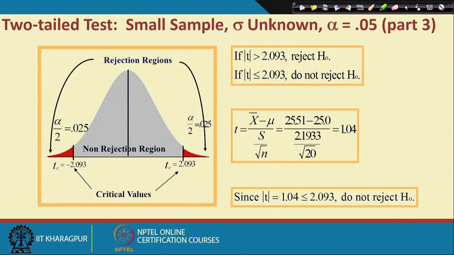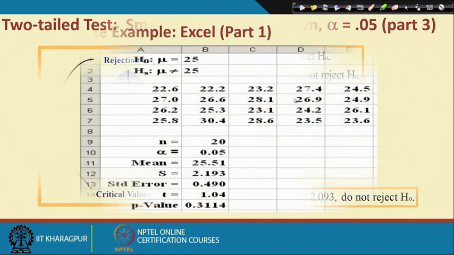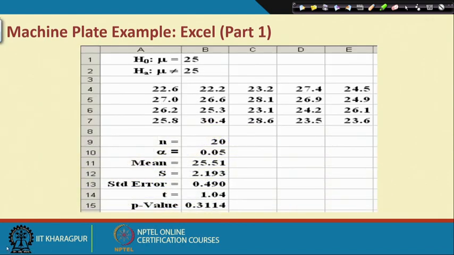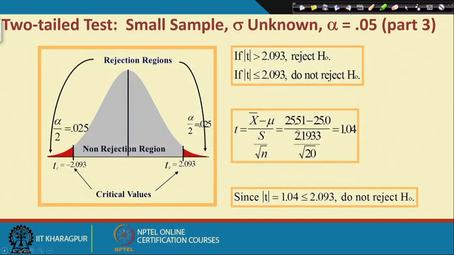In this case, with the help of the samples, we are getting a sample mean of 25.51. So let me once again highlight here. That is the sample information, and the population figure is already given, and this is the sample variance, so x bar and s need to be calculated.